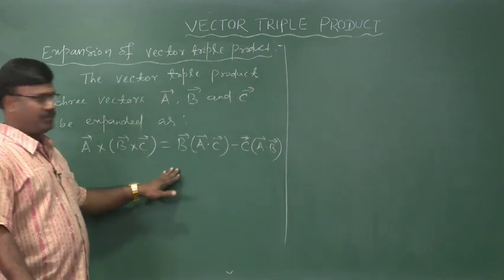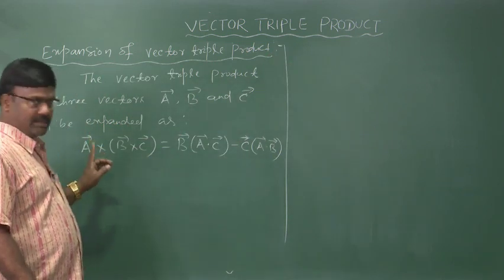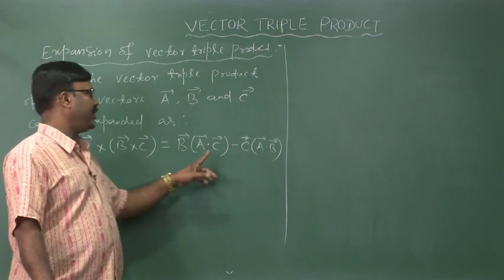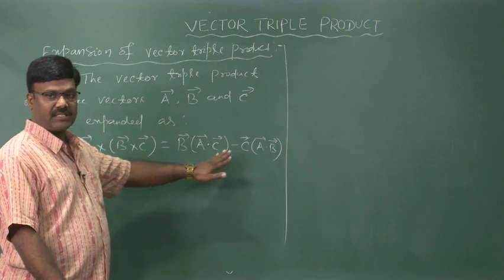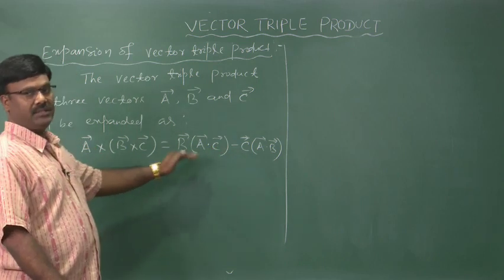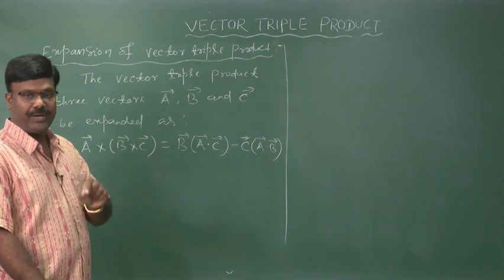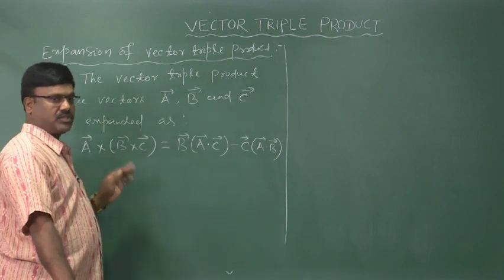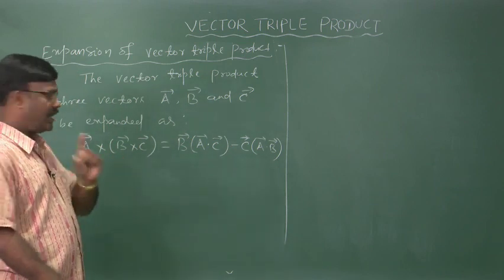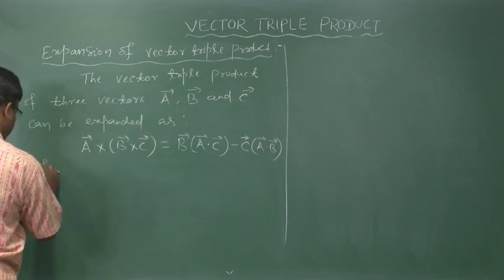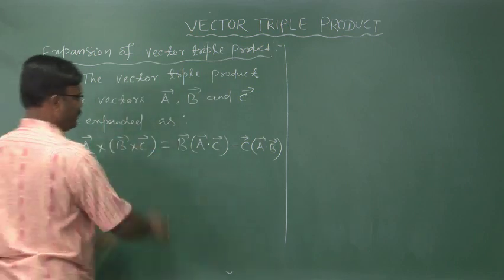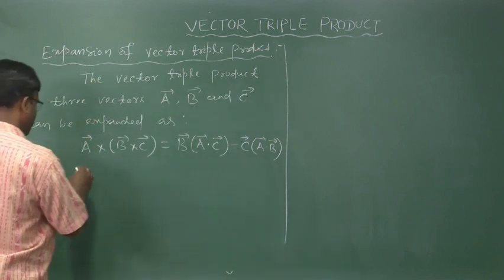Let us prove how this vector triple product can be expanded like this. To do this, let us start with the rectangular components of these vectors. Proof.